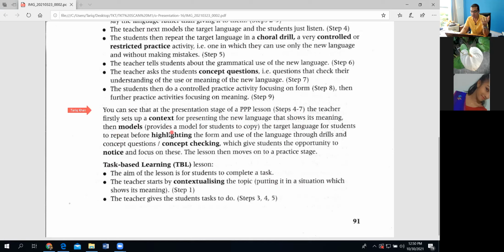Then models, which means providing a model of the target language for students to copy and repeat, before highlighting the form and use of the language through drills. You need to know what drills are, and concept checking, which gives students the opportunity to notice and focus on these. The lesson then moves on to the practice stage.